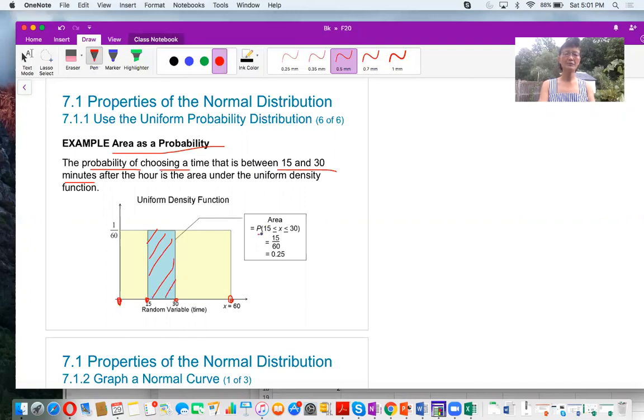So the probability of between 15 and 30 is, so how do we calculate the area? The area of this rectangle: the height is 1/60. This is the height, 1/60.